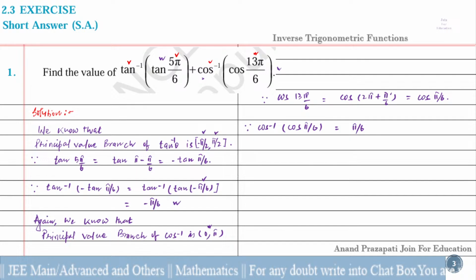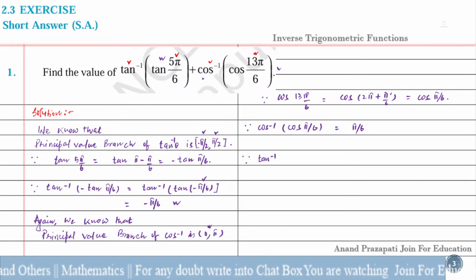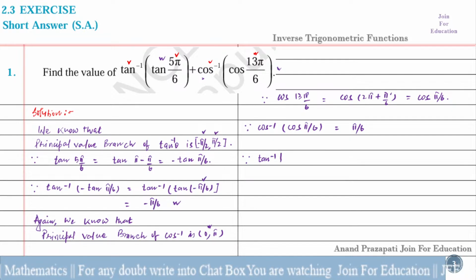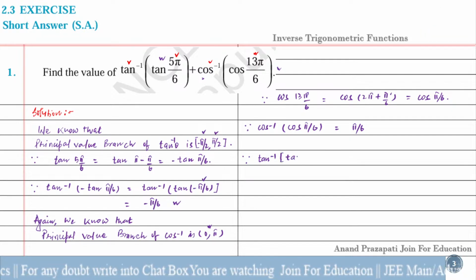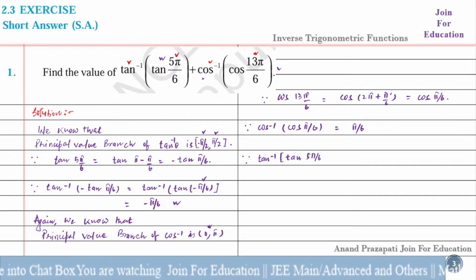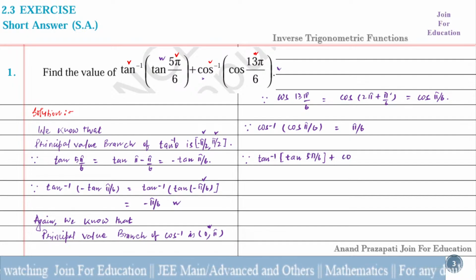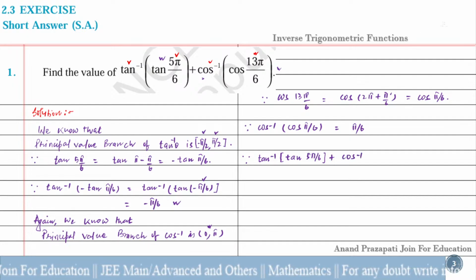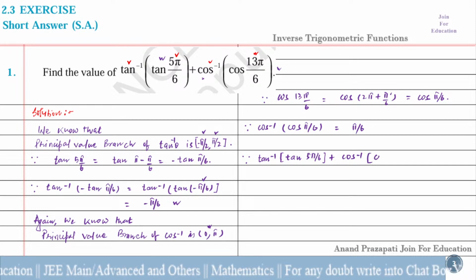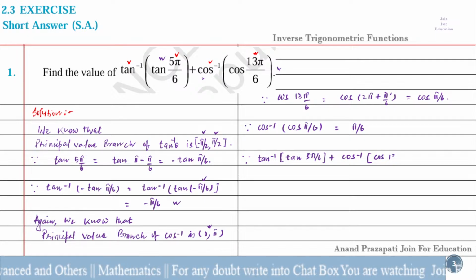Therefore tan inverse tan 5 pi by 6 plus cos inverse cos 13 pi by 6.